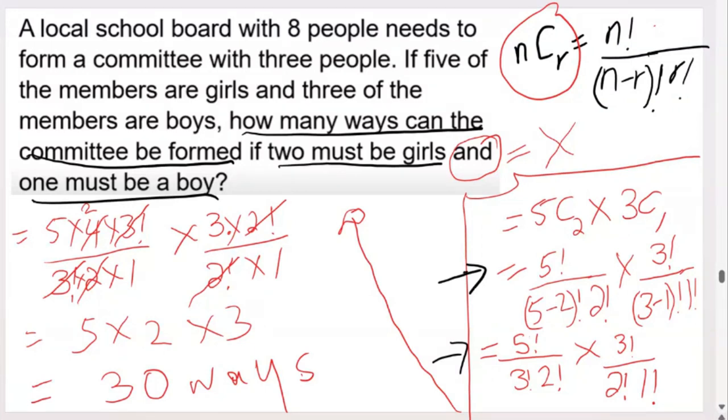So I said 5 factorial, I just said 5 times 4 times 3 factorial, so that the 3 factorial at the top can cancel out with the 3 factorial at the bottom. And then the second one, I said 3 times 2 factorial, so that the 2 factorials can cancel out.